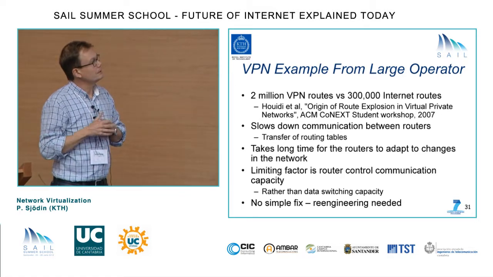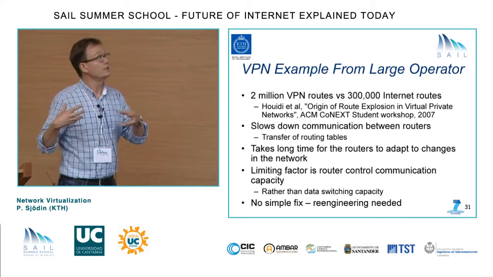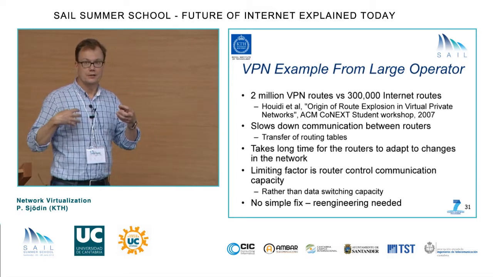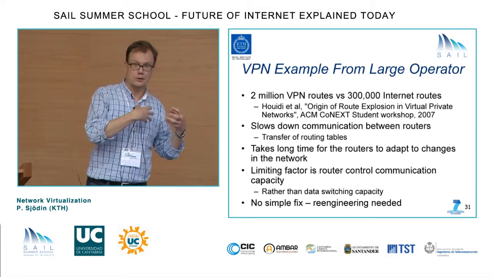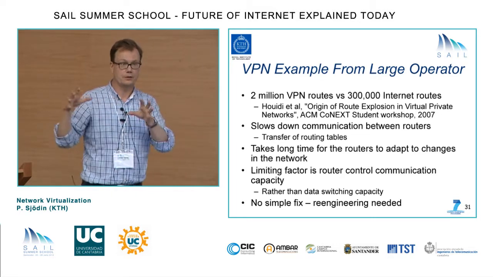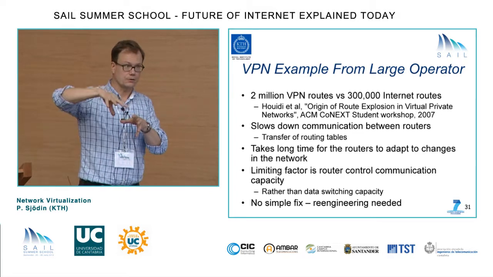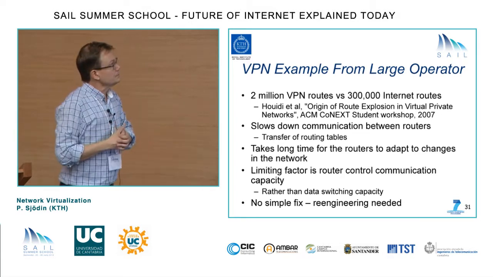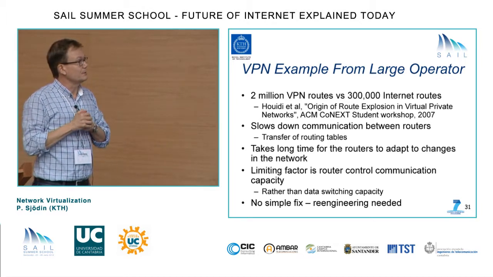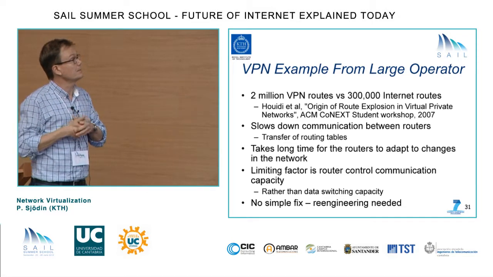And this creates problems inside the provider network, because what the routers need to do internally is propagate this information between each other, saying, okay, here I am, I'm a router, and I'm connected to this particular prefix, and I need to distribute this information to all the other routers so that you have a consistent view of where the different customer VPNs are. So the basis for routing is that all the routers should have a consistent view of what the network looks like.